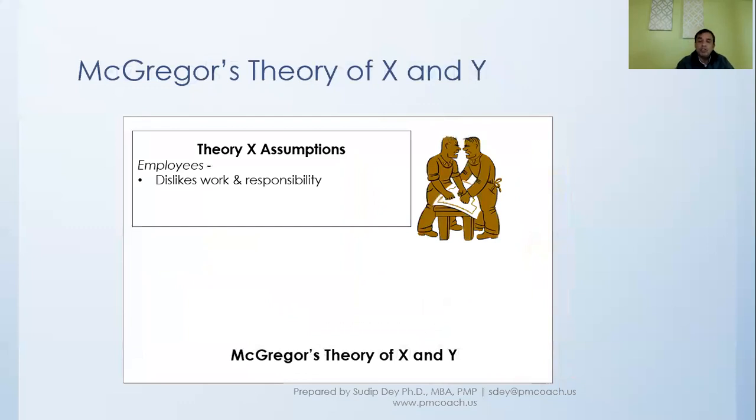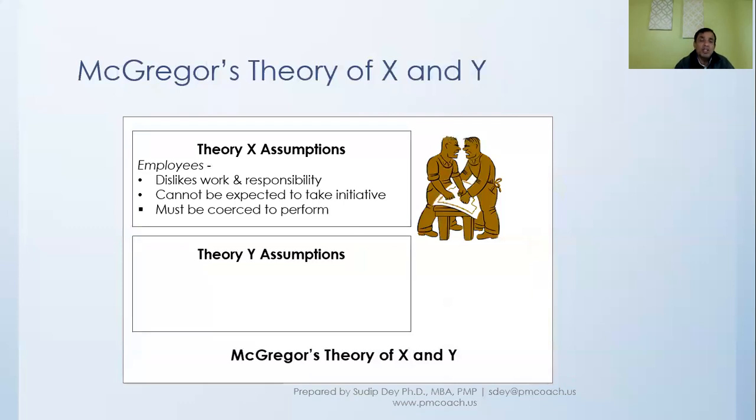They cannot be expected to take initiative, and if you want them to do work, they must be coerced to perform. So this is the theory X assumption. In contrast, theory Y assumption says employees like work.